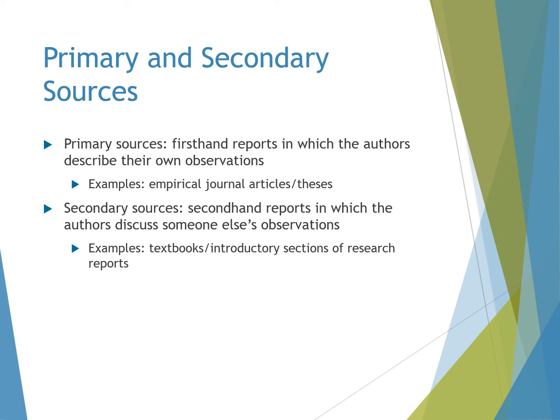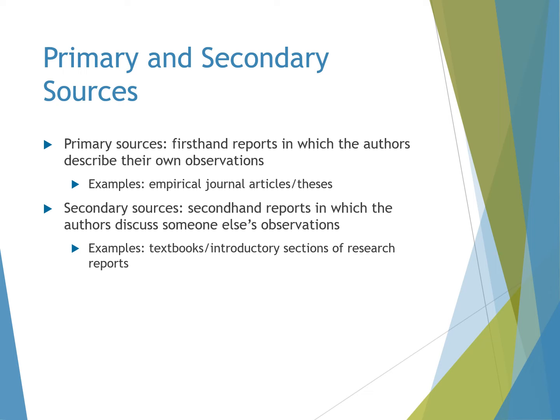So you need to be cautious, and I would not recommend using them. So with the primary source, the author is describing something they did themselves. For your article summaries, you need to be using primary sources. Okay, so you need to be using empirical articles where the authors have gone out, collected data, and are describing what they did.